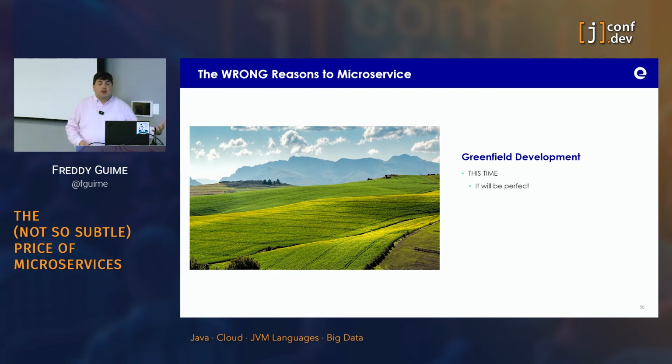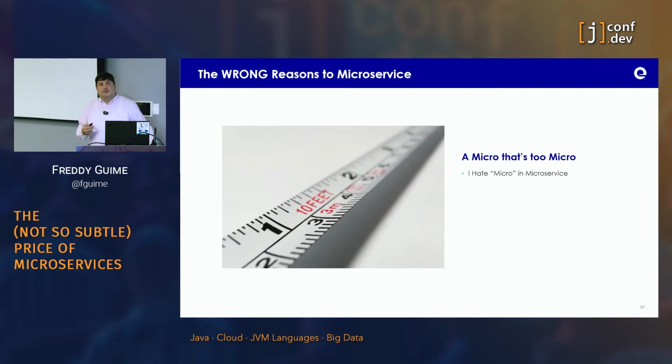You can make a case, and there have been cases where a code base got so gnarled and had so much tech debt that it's going to take the same amount of time to create something new as to refactor it. Fair, but if that's not the case, then just saying I'm gonna do something great from the beginning is not worth it. The fourth part is having a micro that's too micro.